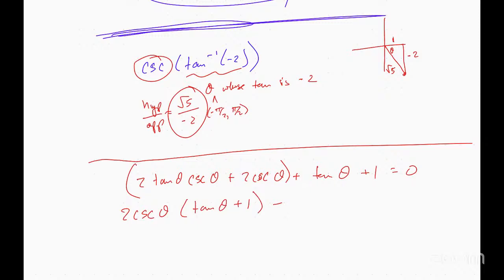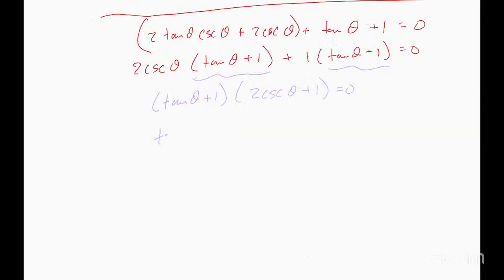Then this factors out of both of them. So it's tan theta plus 1 times 2 cosecant theta plus 1, and that equals 0. That means the tangent of theta equals -1, or the cosecant of theta equals -1/2.